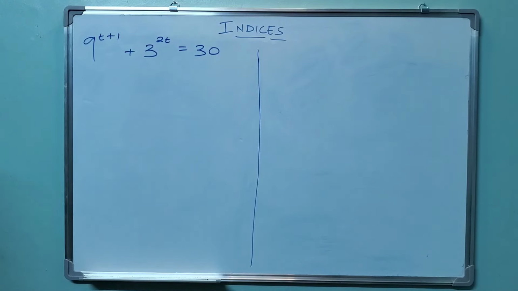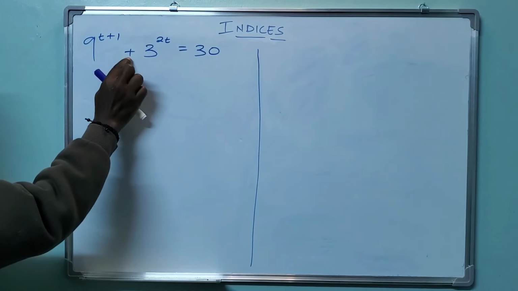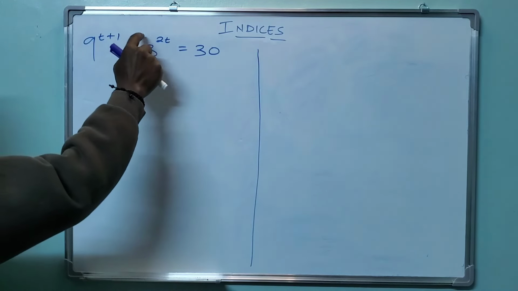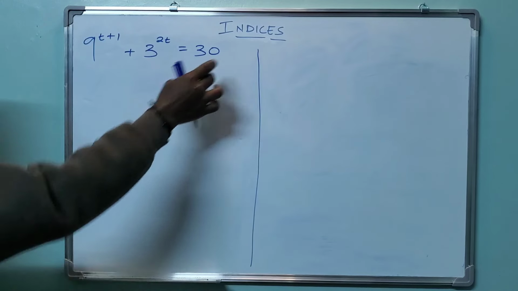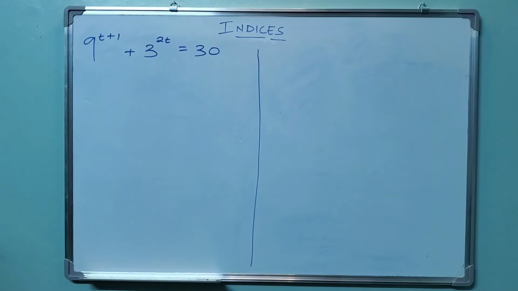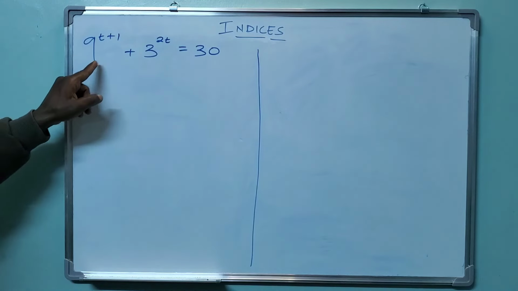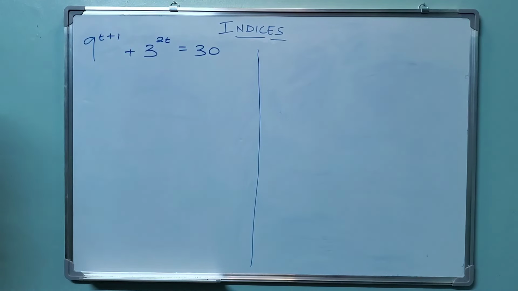So, another problem we have here is that the two have been separated with a positive. And we don't have any like term that we can take to the other side to combine it. What are we going to do? First of all, let us make the ones we can make to the same base.